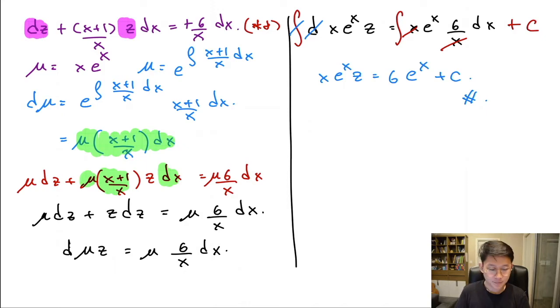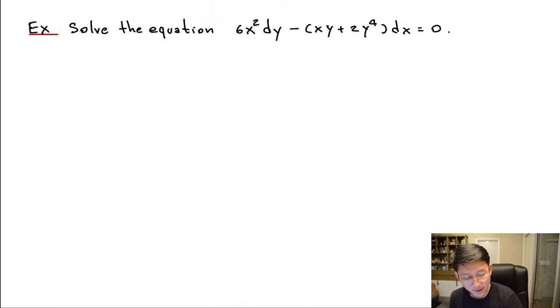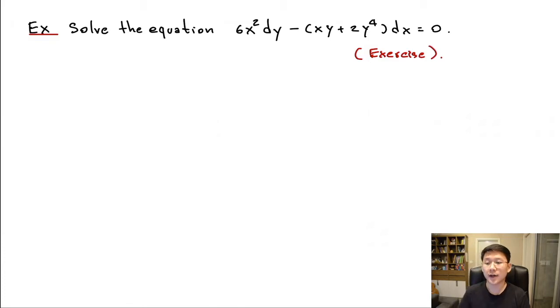Next one. I'll let you do this as an exercise. You can try it yourself and see whether or not you can get the answer. Let me see if I have the solution here. It's Bernoulli, right?